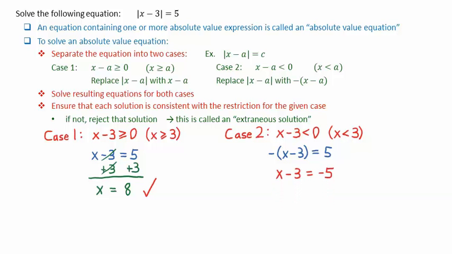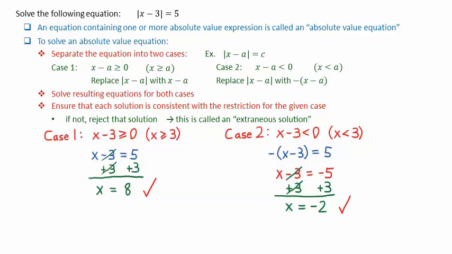Dividing both sides of this equation by negative 1, we get x minus 3 equals negative 5. And then adding 3 to both sides, we end up with x equals negative 2. Again, if we look at the value of x for this solution, it is indeed less than 3. So this is also a good solution.